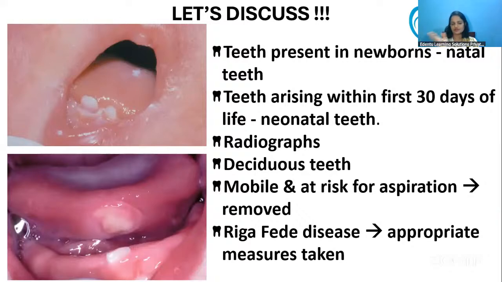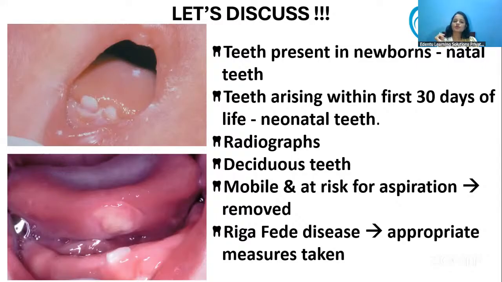Know the difference between them. Natal teeth, the child will already be born with a tooth, whereas neonatal teeth means the teeth that arise within the first month of life.